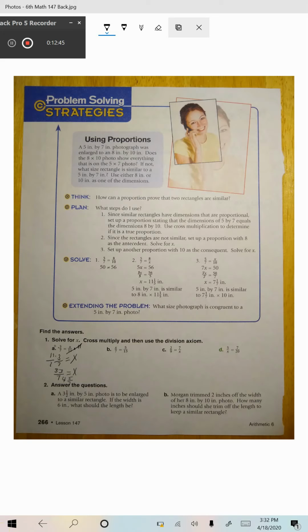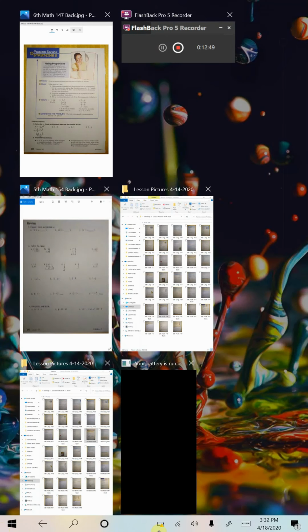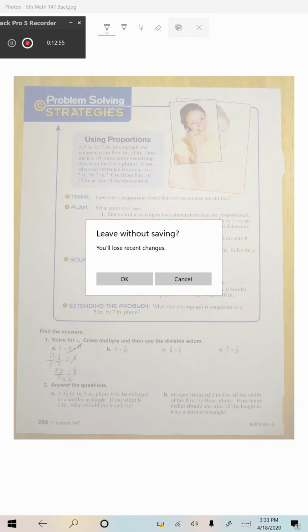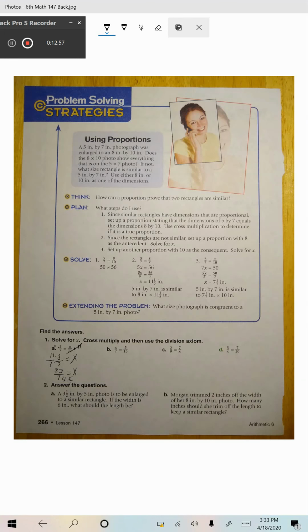Let's do one more together. All right, x divided by 7 equals 5 over 13. So I'm going to multiply by 7. When I get to the bottom here, I start messing up. And I'll multiply this side by 7. So this side is just gone.